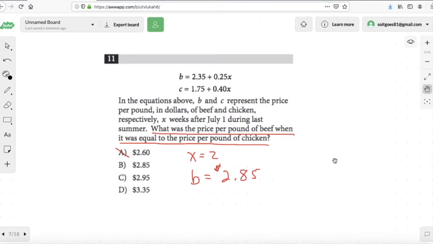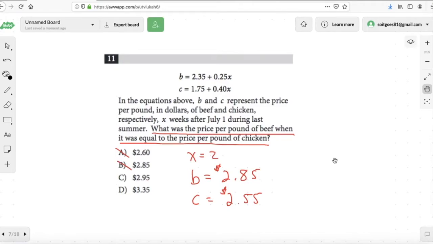And then what's the chicken price? It's going to be $1.75 plus 80 cents. $2.55. So x isn't 2, and I can eliminate answer choice B because when beef is $2.85, chicken's not $2.85. Does that make sense?